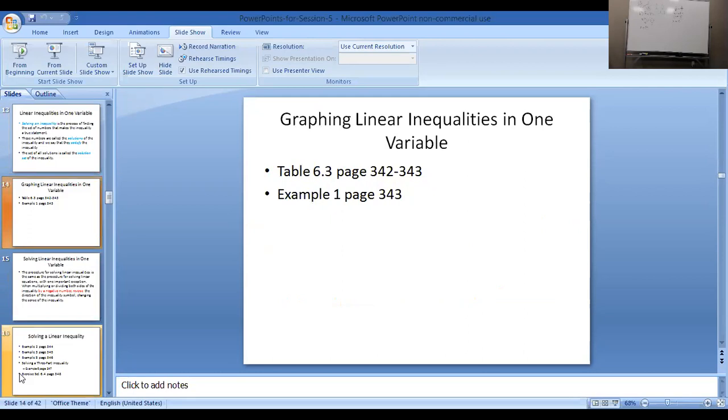Here, let's first talk about graphing them. Graphing a linear inequality in one variable. Let's look at page 342, 343, for example table 6.3. So we are at page 342, the bottom of the page, table 6.3.